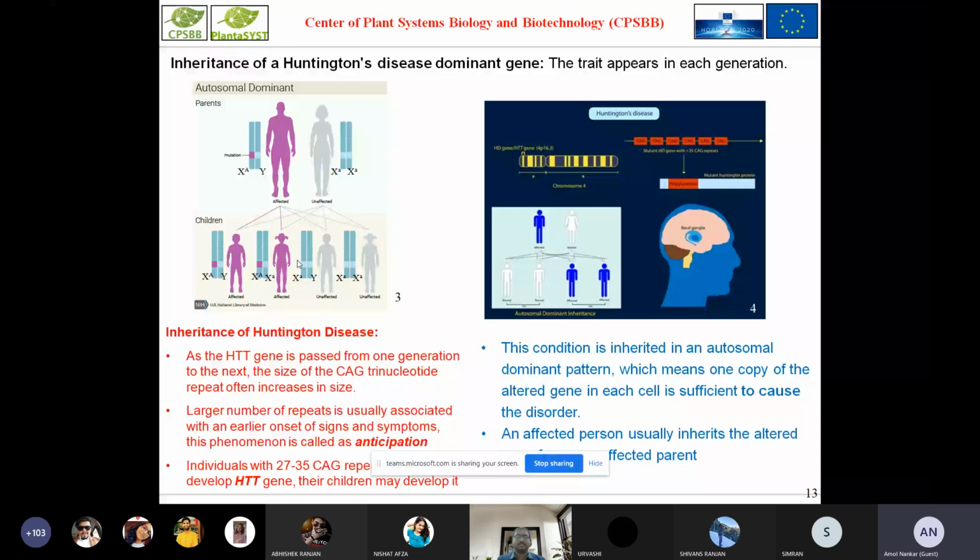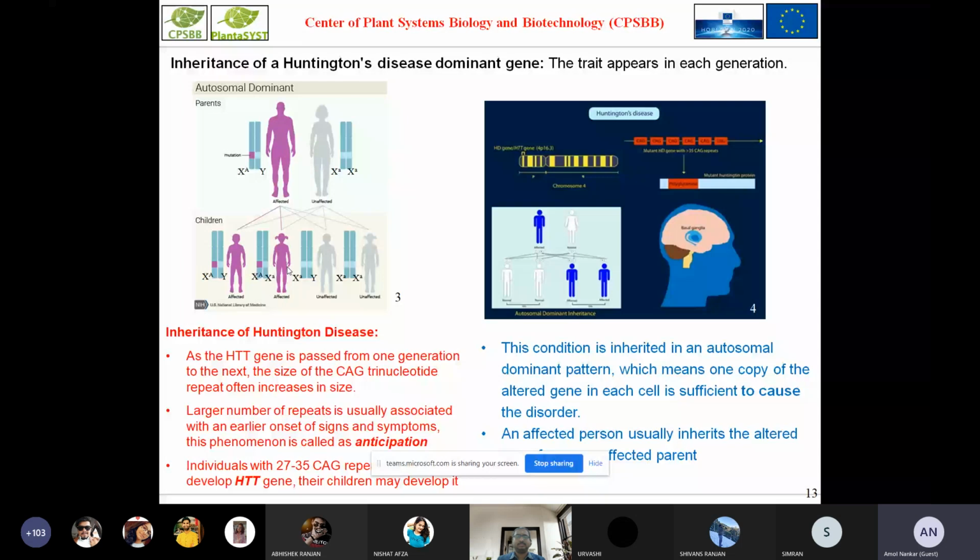So coming back to the genetics part, or how inheritance happens, the main gene involved in Huntington disease is the HTT gene, which is passed on from one generation to the next. In this gene there are repeats of trinucleotides, and CAG is very important.